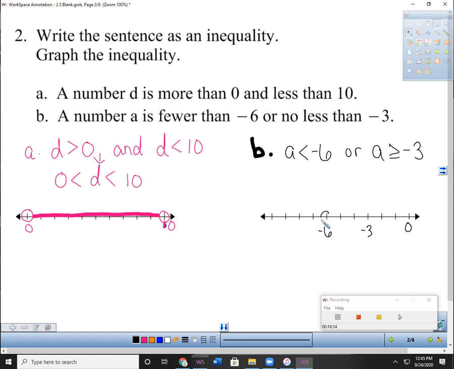So I put an open circle there, and I'm going to shade to the left, because that would be less than. Or, I could have a number that is greater than or equal to negative 3. So on negative 3, I put a closed circle, and I shade to the greater than part, which would be to the right.